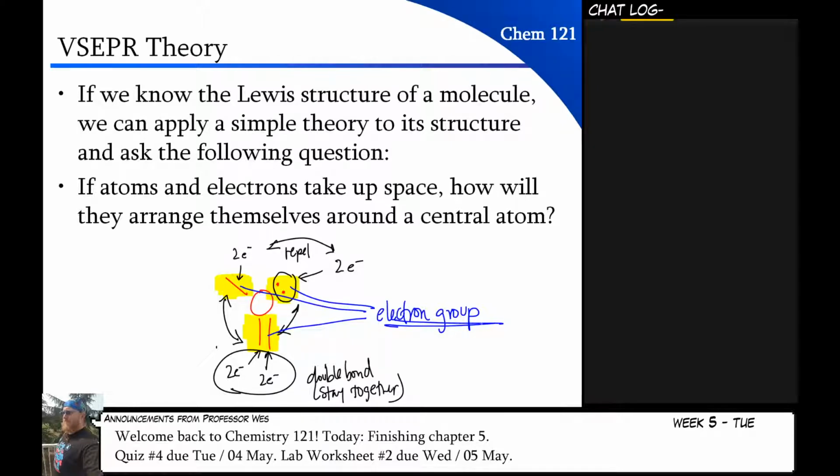An electron group is just a group of electrons around the central atom. And it could either be one bond, it could be a multiple bond, or it could be an electron pair. Each of those counts as one group. Whether it's one bond or two bonds, it doesn't matter. Each of them counts as one group. Okay?